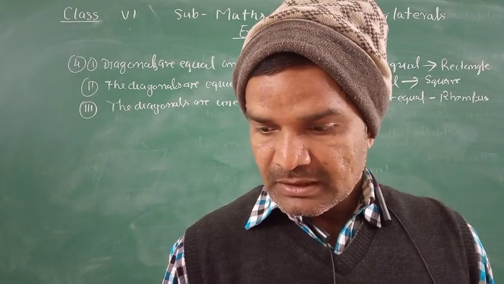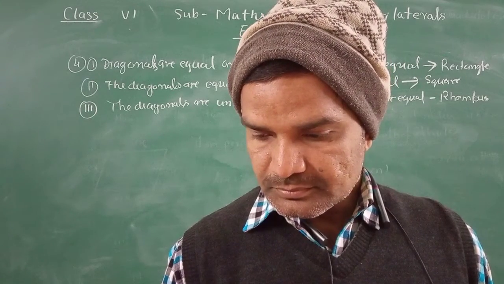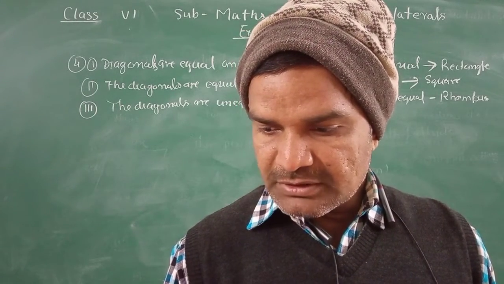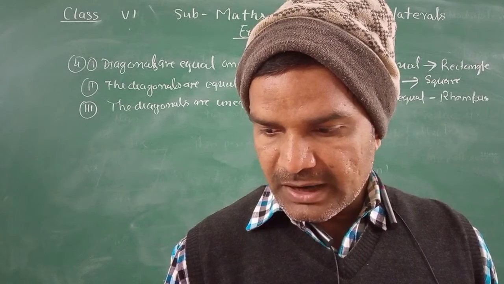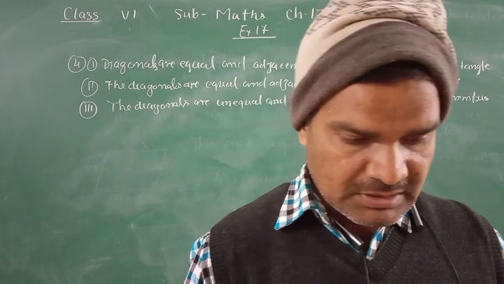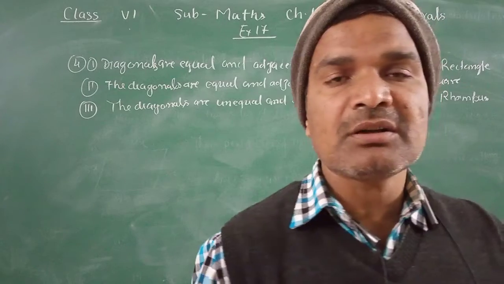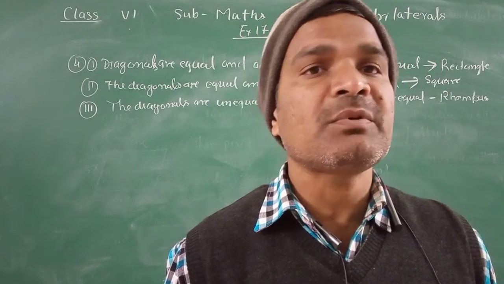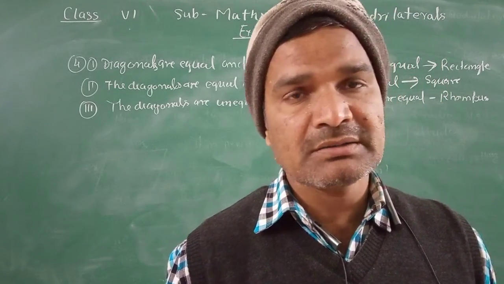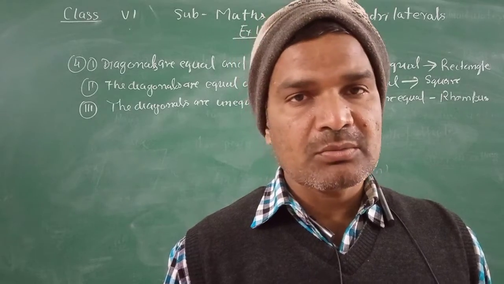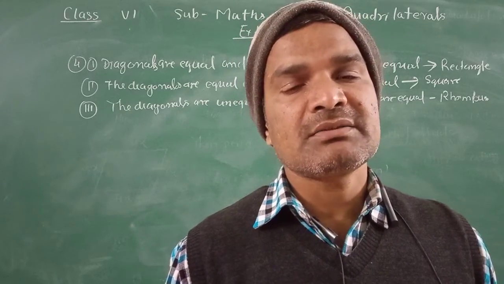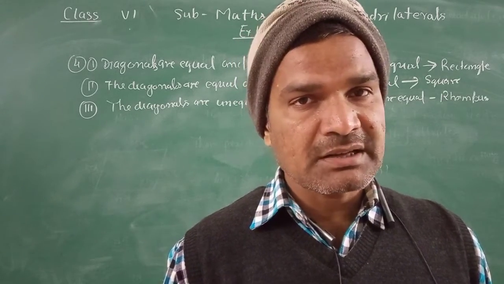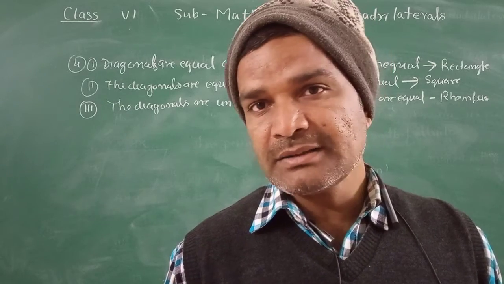Okay. Second, a square can be thought of as a special rhombus. Yes, because it follows all properties of the rhombus. In the rhombus all sides are equal, opposite angles are equal and diagonals bisect each other.